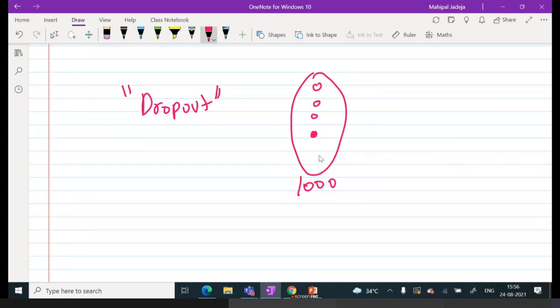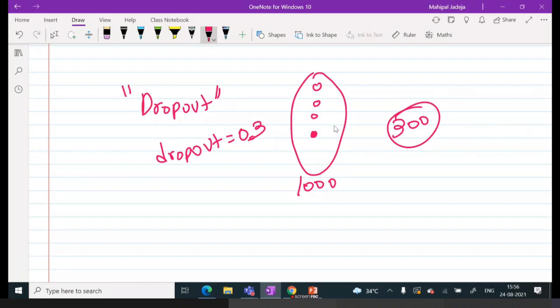So in each iteration, let's say I'm giving a dropout value equal to 0.3. I will randomly select 300 neurons from these 1,000 neurons, disconnect them from my network for that particular iteration or epoch, and let the weights change. That means without these 300 neurons, I will train my network.